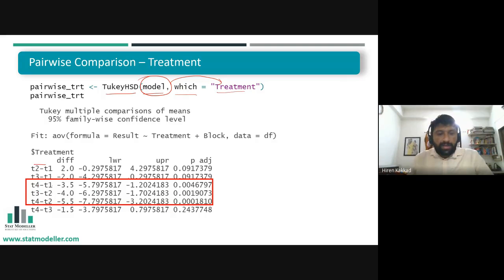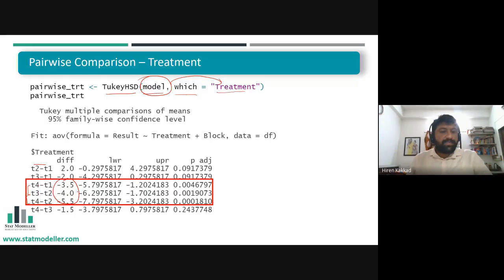Now here you can see these particular three pairs are having the p-value less than 0.05. That means what? That is significant difference between T4 and T1, T3 and T2, and T4 and T2. Now, by looking at the difference, we can conclude which is the favorable situation, which is giving you the most result.